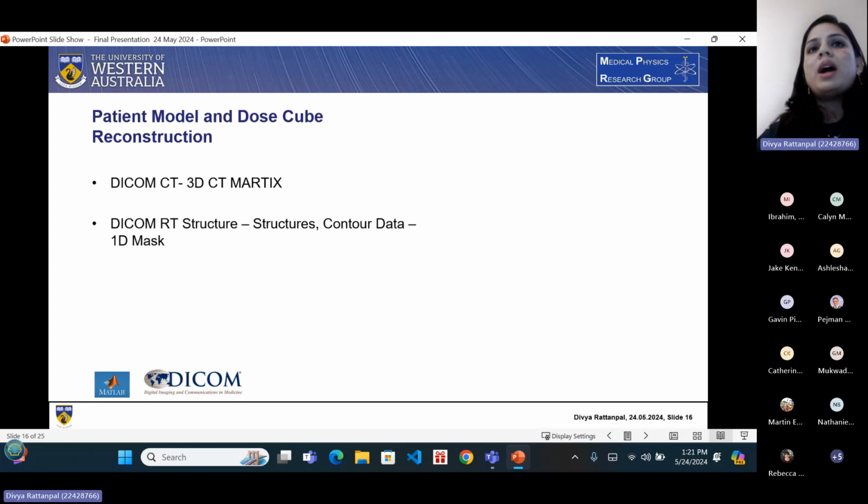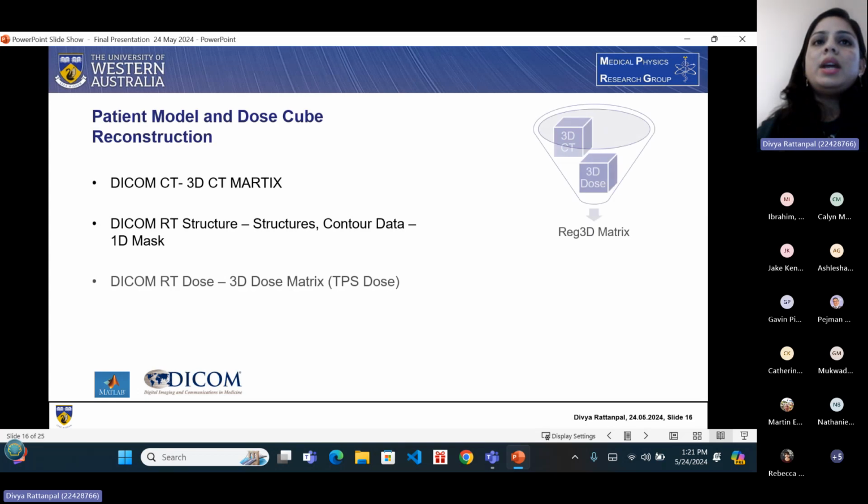From the DICOM RT structure, which contains the contour data of all the structures, a one-dimensional mask of the selected structures has been obtained. From DICOM RT dose, a 3D dose matrix has been obtained. This 3D CT matrix and 3D dose matrix have been used to obtain the registered 3D dose matrix, which is used to get the treatment planning system calculated dose.